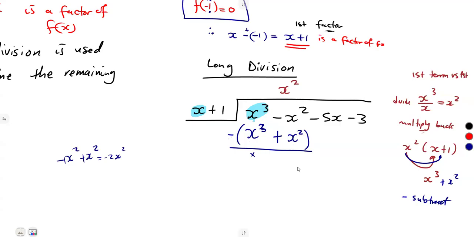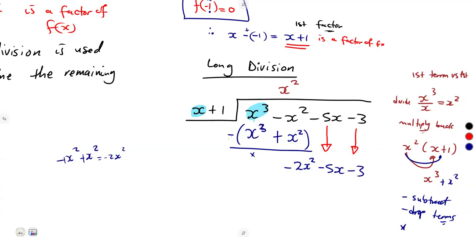So this is going to give us minus 2x squared. You have subtracted, then you drop the remaining terms. What is remaining here? Minus 5x. You drop it down, minus 5x. What is remaining here? Negative 3. You drop it down like that.